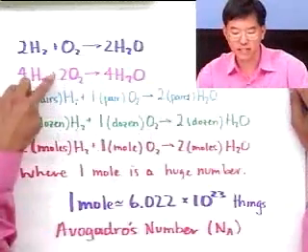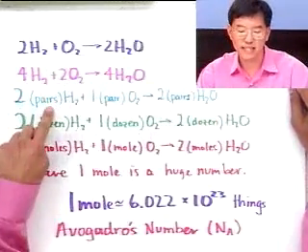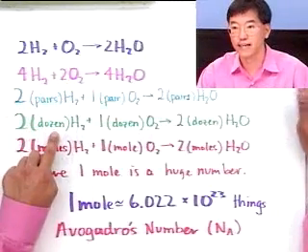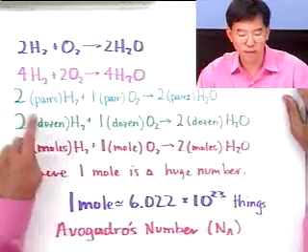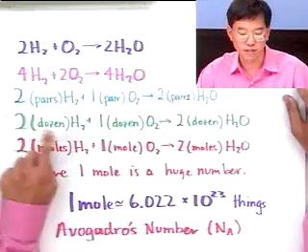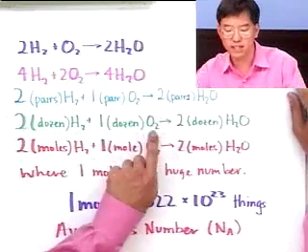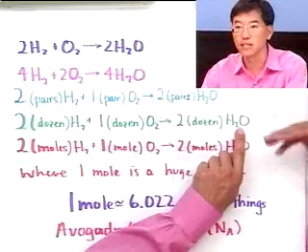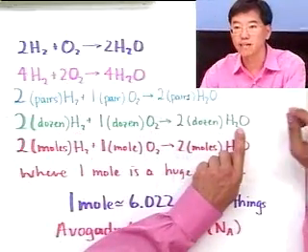These are exactly equivalent. Well, pair is a collective noun. It means 2. And other kinds of collective nouns, like a dozen, means 12. We could put that kind of word in here as well. 2 dozen hydrogen molecules plus 1 dozen oxygen molecules goes to 2 dozen water molecules is still a balanced reaction. Now we get to the term mole.